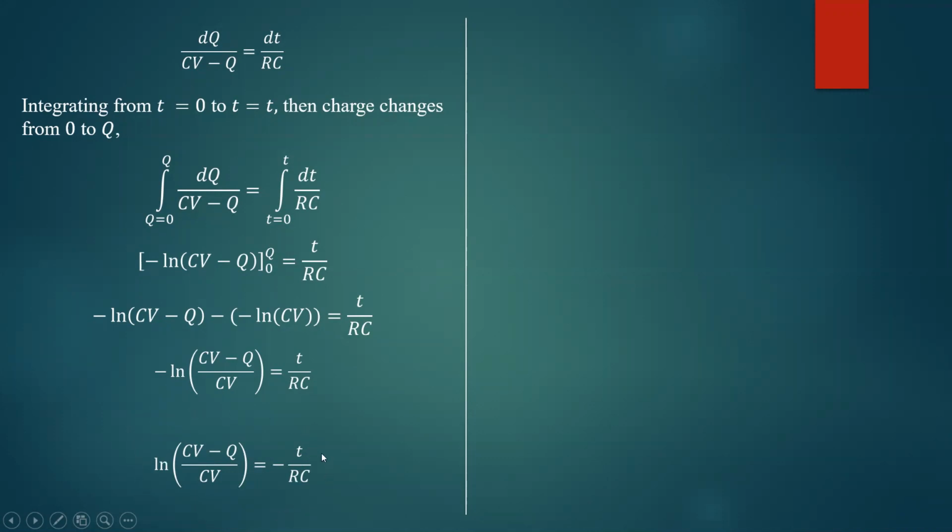Now this is the logarithmic equation. Try to express this logarithmic equation in terms of the exponential equation. This is how I can do. So basically, you know that ln of m equal to x. You can express this as m equal to e to the power x. Ln means log to the base e.